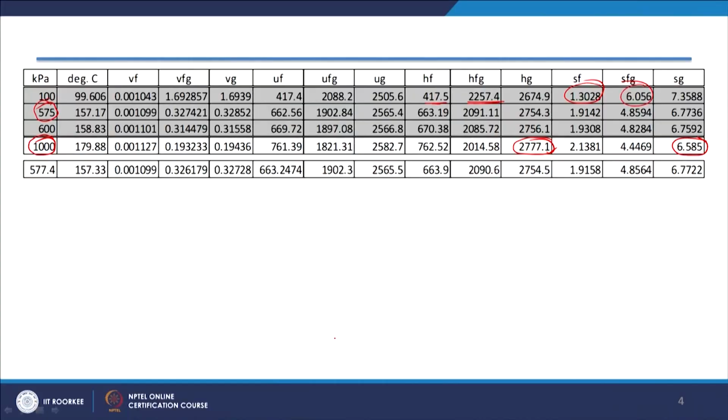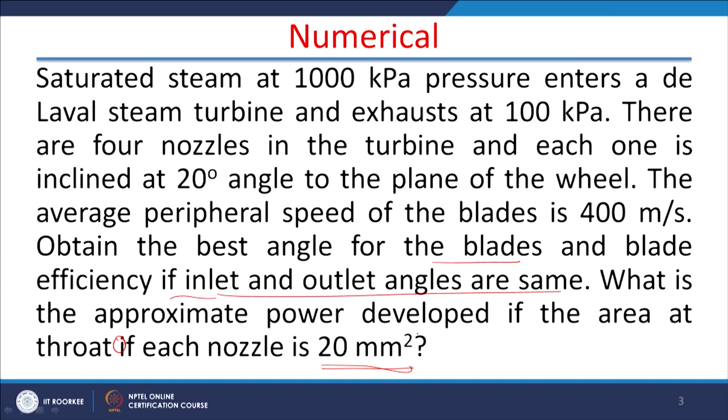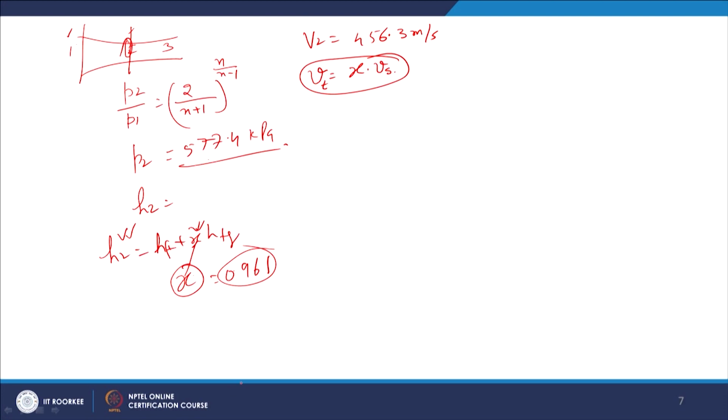So, in order to find the power output, we have to have the mass flow rate of the steam. For the mass flow rate of steam, we need the cross section area, and cross section area is given only for the nozzle, right. So, for this reason, the cross section of the nozzle at the throat is given. At the throat we have area, and we have calculated the velocity using this formula.